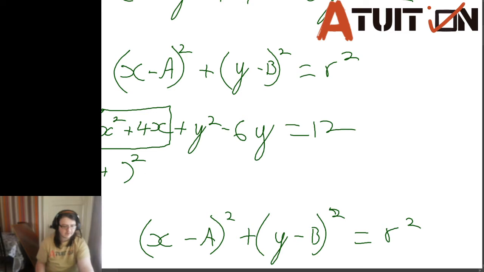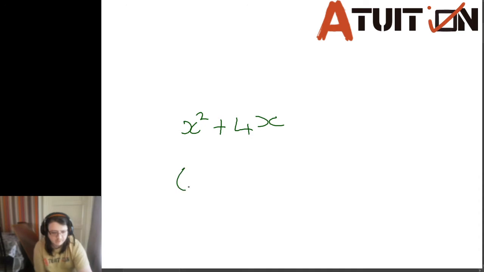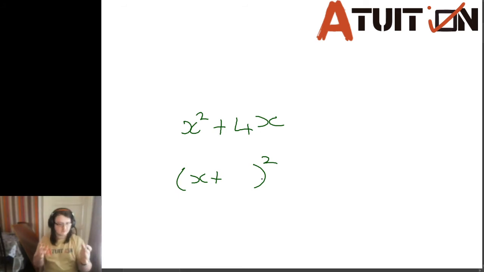In fact, let's put that over here. So we've got x squared plus 4x. We want to change that to be x plus something squared. That's the format for completing the square. You change it into a set of brackets with x plus some number, squared.